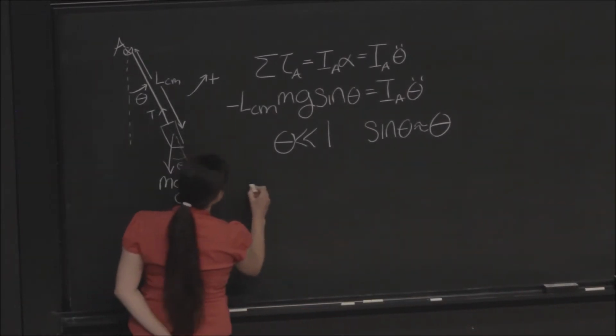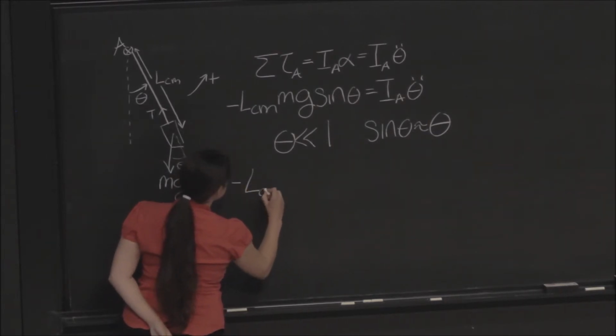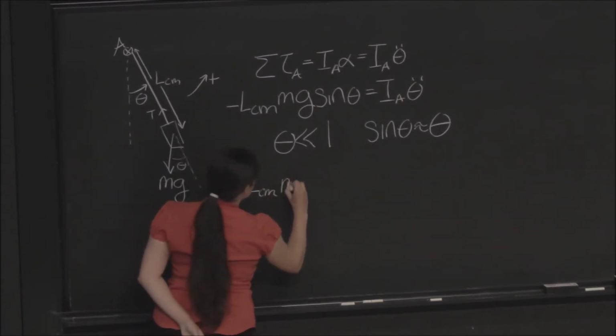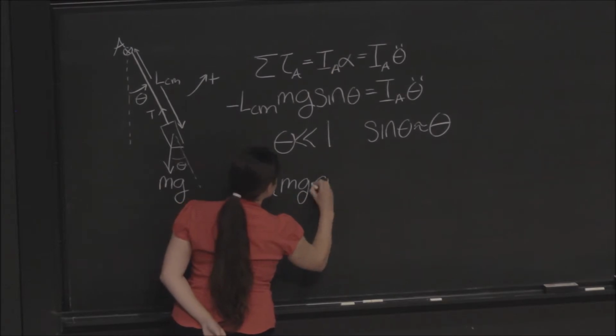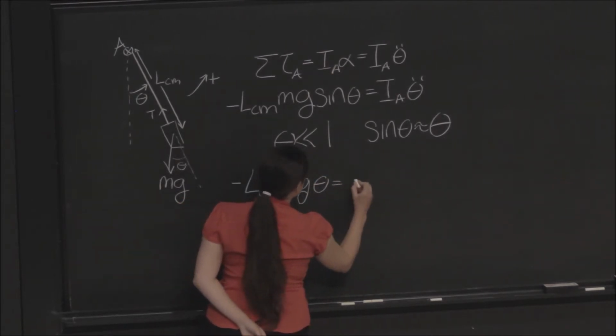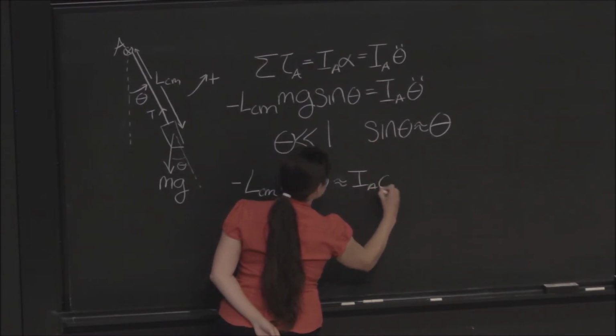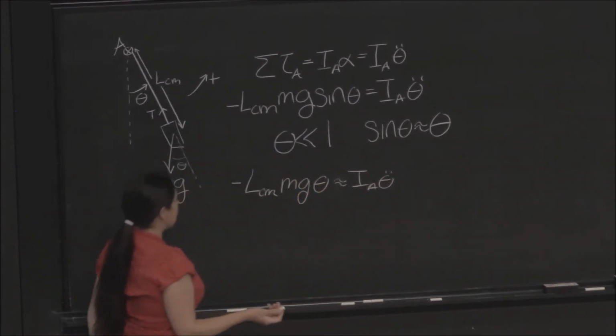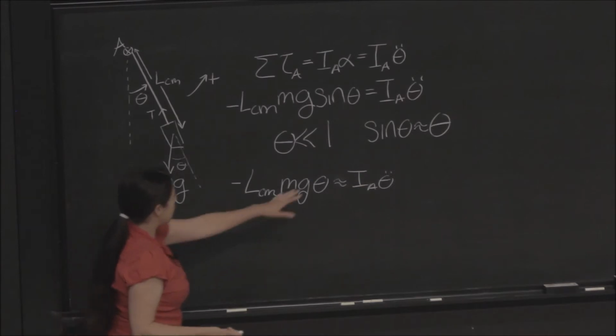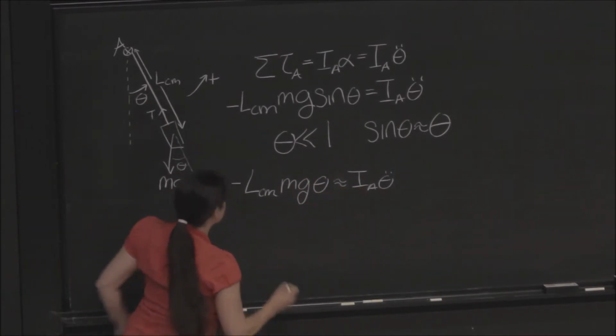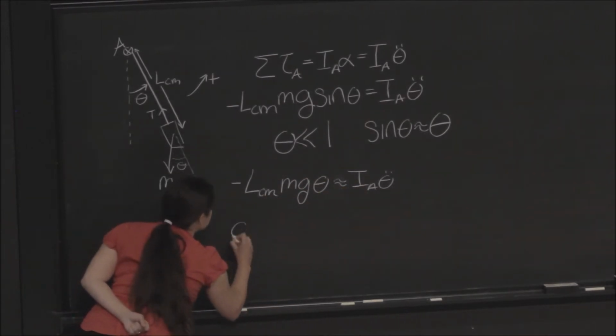So if we put that in here, we get minus L_CM mg theta is approximately equal to I about point A, theta double dot. This is looking much better. Now I can rearrange this and make it look like my simple harmonic motion equations.